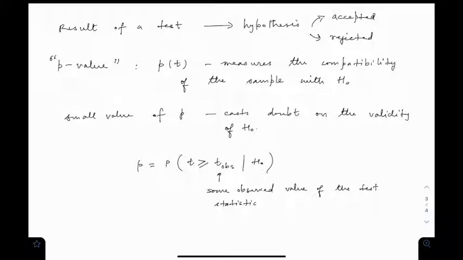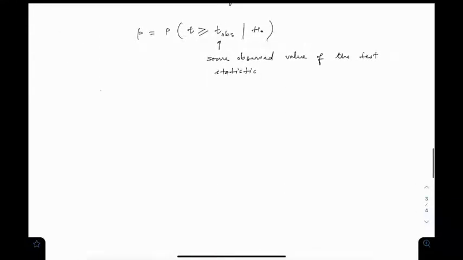To simplify the definition, we assume that the test statistic is confined to values between 0 and infinity with a critical region, and its distribution under H0 can be some F0(t). So in such a case, we can write P(t) as 1 minus the integral from 0 to t of F0(t') dt'. We can replace the integral by the cumulative distribution function.